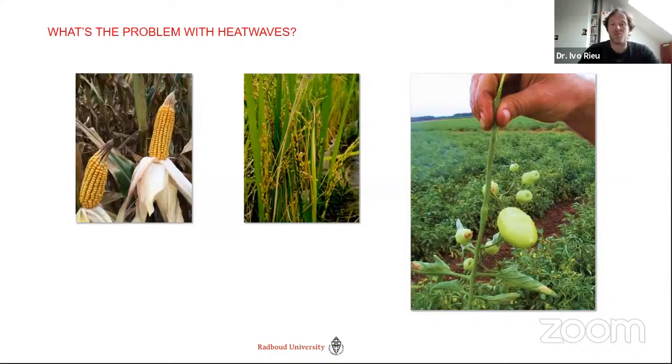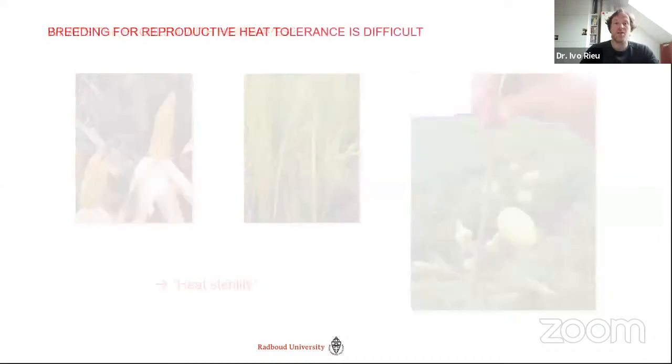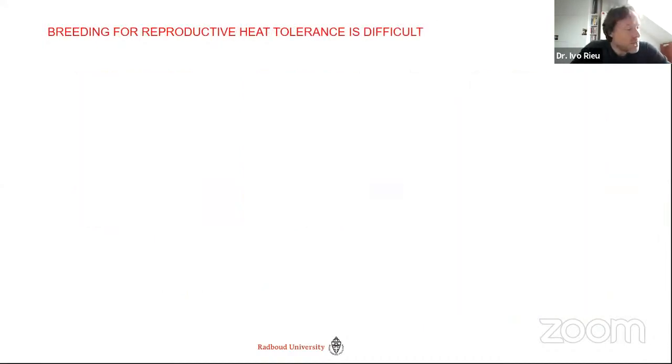You see it here for different species, monocots, and here on the right, probably more familiar to you, tomato becomes heat sterile. That's what we call heat sterility. In this case, I think only one fruit is formed with seeds, and probably all the other ones are just parthenocarpic remnants.